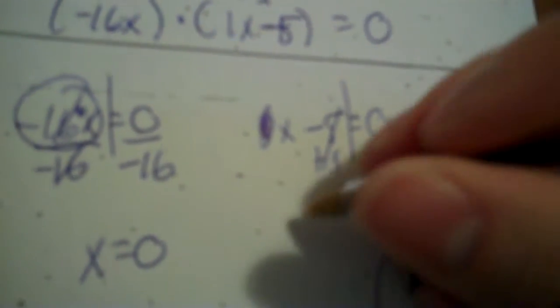And over here, guys, if you have a multiplication with 1, get rid of it. Minus 5 plus, now if it's addition or subtraction of 1, you don't get rid of it, but a times 1 is stupid to have. So x equals 5. 0 and 5. In case you haven't noticed, today's 0 is always one of the answers. That's going to change in the future, but for today.